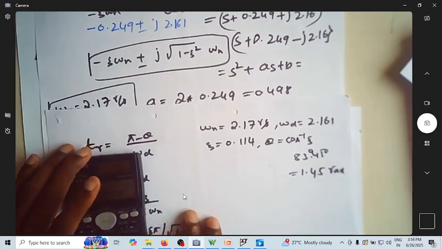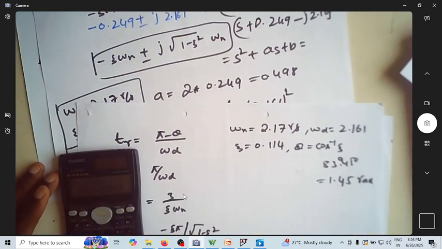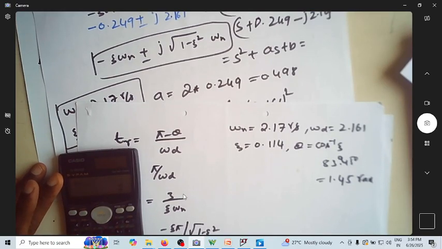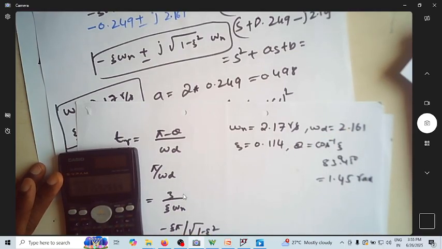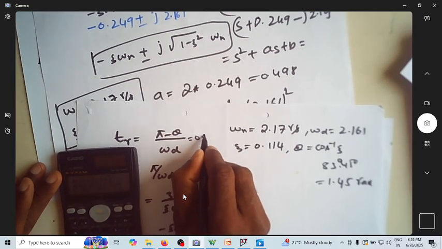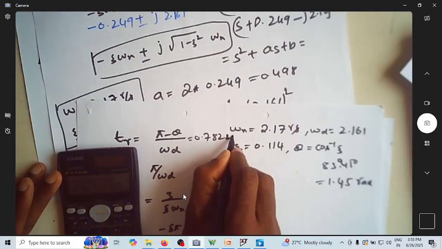So that I can find what is this: Tr is pi minus 1.45 divided by omega d, 2.161. So this happens to be 0.782 seconds.